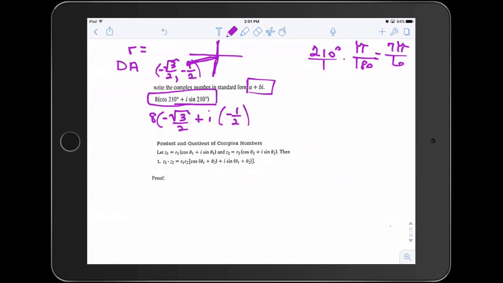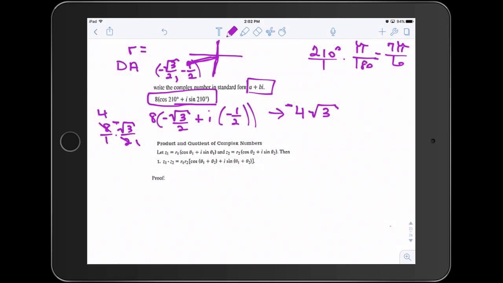And then I'm going to distribute that 8 through. So 8 times negative square root of 3 over 2 is negative 4 square root of 3. And if you really have trouble with those fractions, put it off to the side: 8 over 1 times negative square root of 3 over 2. Notice you've got simplification happening, and you can just multiply it right across.